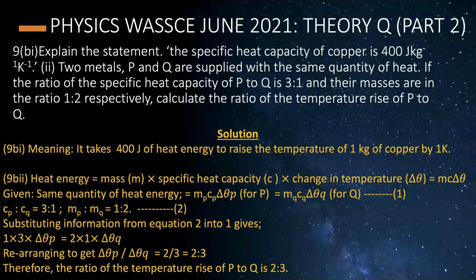Let P be the numerator and Q be the denominator, and that should give you 2/3 or 2:3. So do not make the mistake of doing 3/2, because that is a common mistake in this type of question. You need to pay attention to the ratios so that you don't mix them up. Okay, and there you have it. That should be the answer to your question.